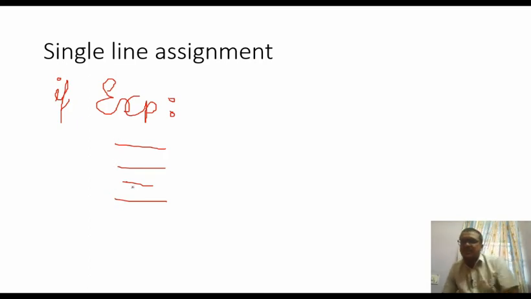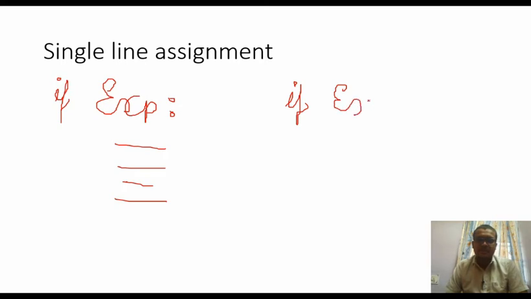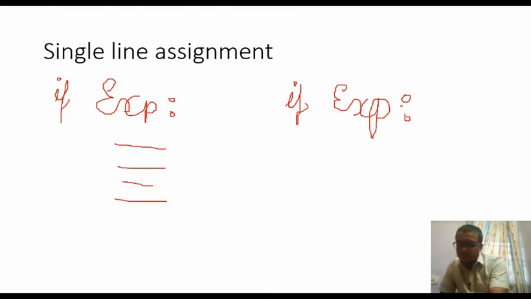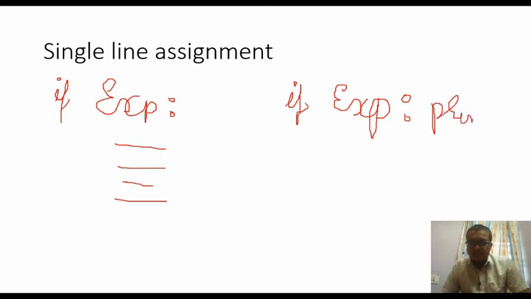What does a single line statement mean? If only one true statement needs to be executed, then after writing the colon you can directly write print values, some statements to the user.